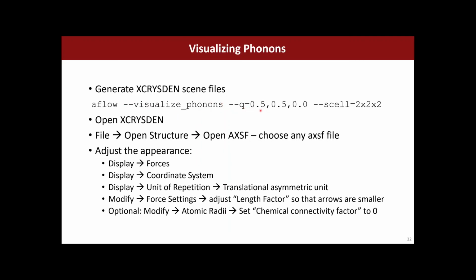You have to determine the point in reciprocal space, in this case the X point, 0.5, 0.5, 0, and a supercell with which to create these animations. The supercell should be the reciprocal of the Q point. So it would have been enough to create a 2 by 2 by 1 supercell, but I think it's easier to just demonstrate it. Otherwise, you don't get a full animation.